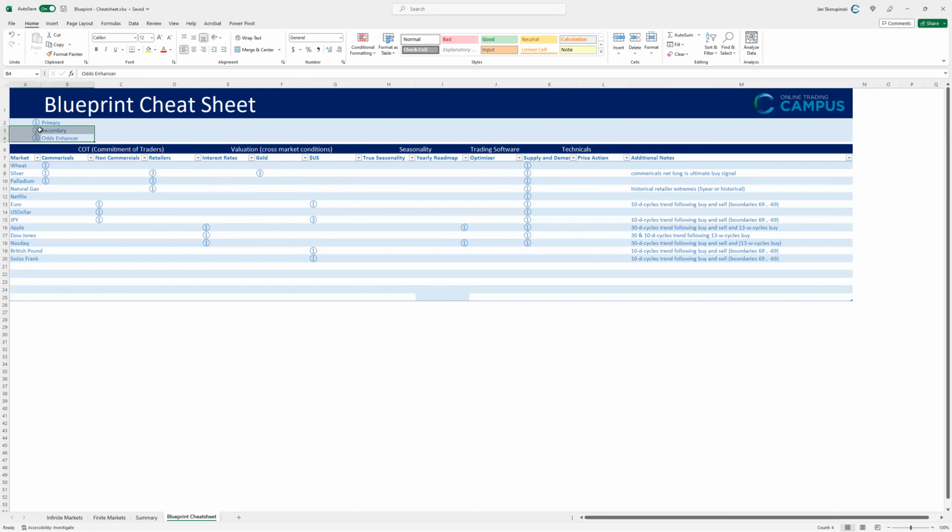I guess if you ask me what is the difference here on secondary versus odds enhancer, well, if it's secondary and it flashes green and one is neutral, then you could go about trading this based on your secondary tool.